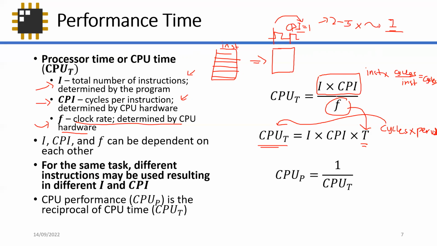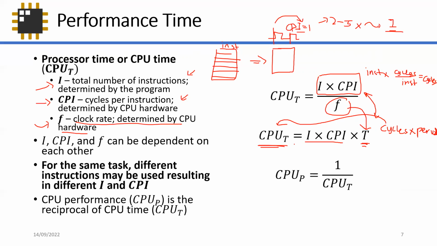That's why we put it as CPU T. You can use the frequency instead, the clock rate, but I prefer to use the period because it's more intuitive. These two are equivalent anyway, but to make it more common sense, you use the period. So the total number of cycles times the period gives you the total CPU time. It's very simple.